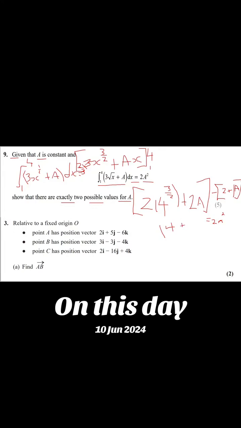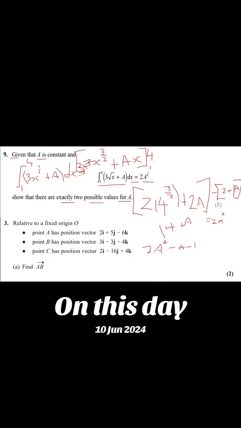So 14 plus a is equal to 2a squared. Now I've got a quadratic that I can rearrange to make equal to 0. So I'm going to subtract 14, so I'm going to have 2a squared minus a minus 14 is equal to 0.